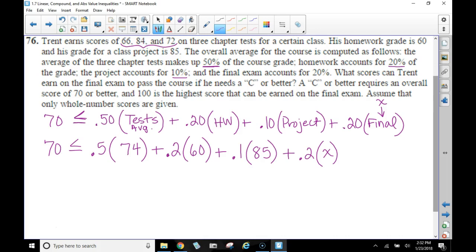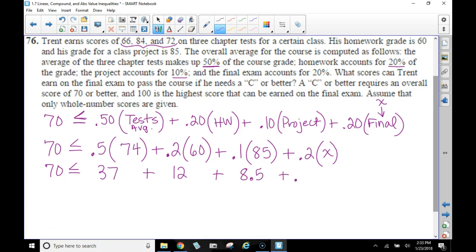All right, so let's bring down the 70. Okay, the less than or equal to symbol. And now we have 0.5 times 74 is 37. Plus 0.2 times 60 is 12. Plus 0.1 times 85 is 8.5.